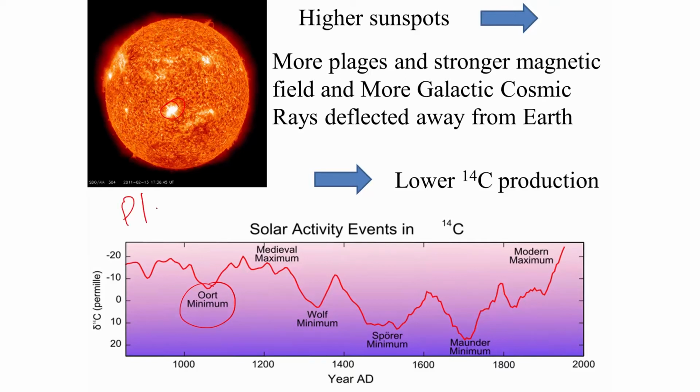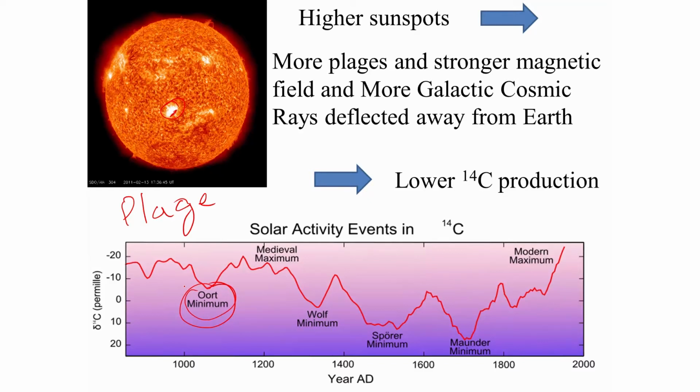Plage in French means beach. So it's like a beach around a black dot. So actually radiation goes up. So the more the sunspots, the more the radiation that will come, which means if you have a minimum in sunspot activity, then the radiation will actually be less.